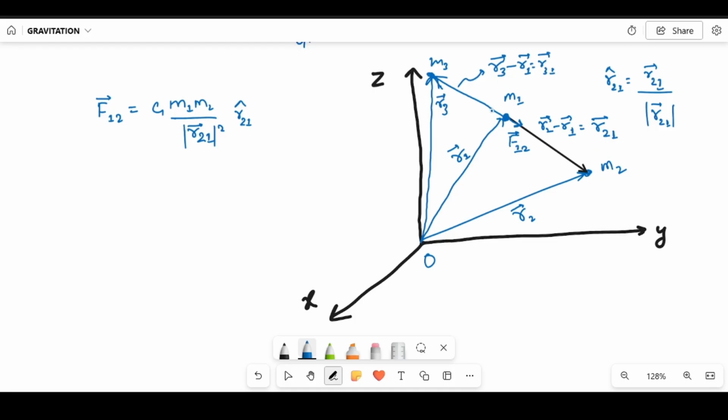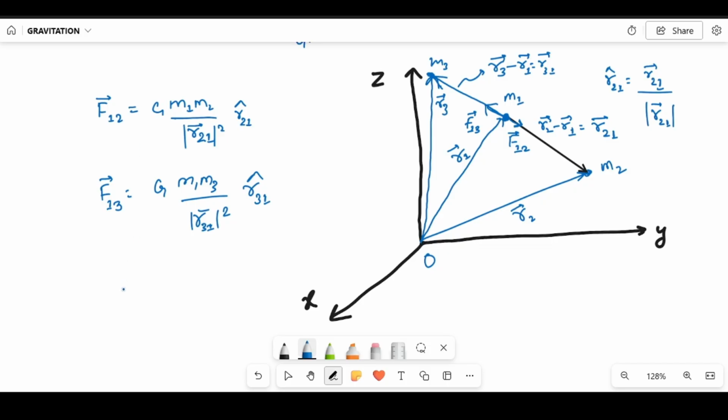So there will be gravitational pull due to this m3 on this m1, and this force, let us write F on 1 due to 3. Due to m3 there will be force, and this will be G m1 m3 divided by r31 square, and then unit vector r31 here.